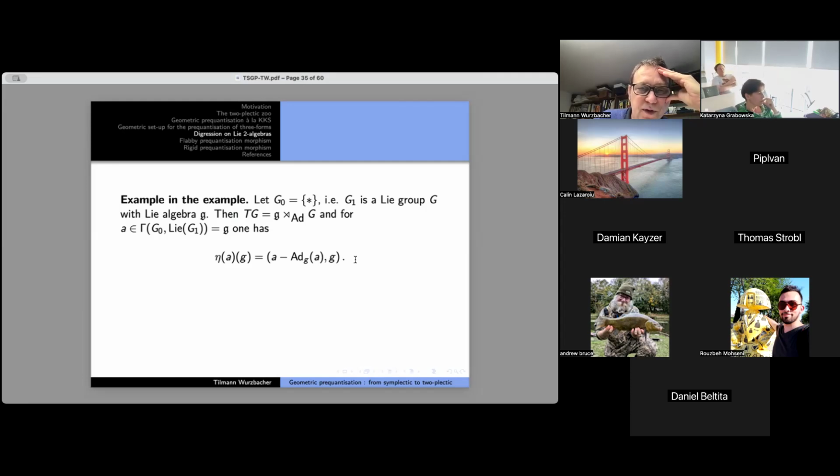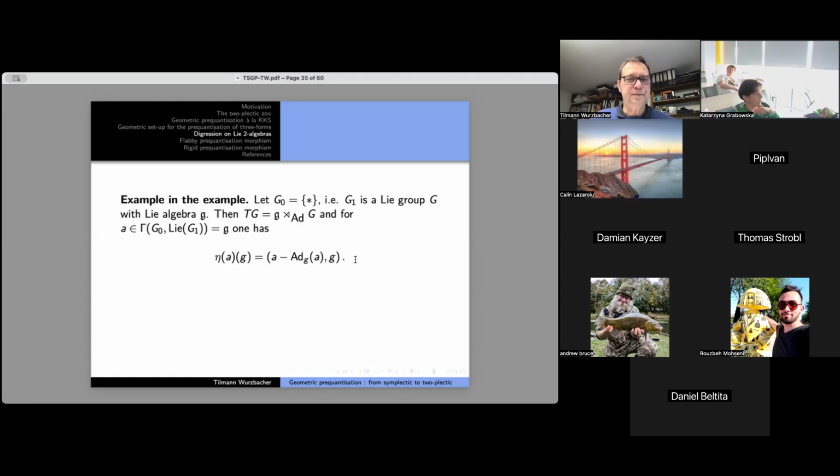So the tangent space at the neutral point is a semi-direct product with G, and G acts on the Lie algebra via the adjoint representation. And then what is a section of the Lie algebroid? G0 is just a point. Lie G1 then is just the Lie algebra.